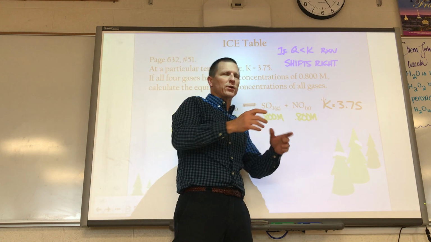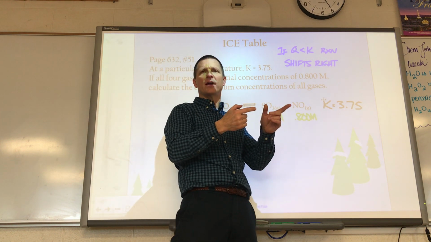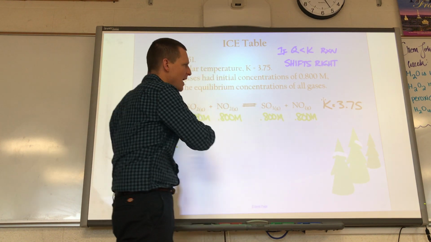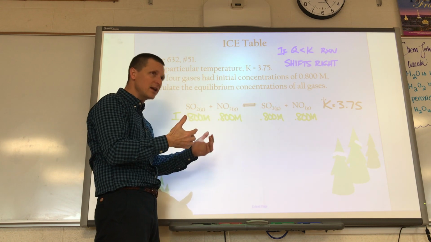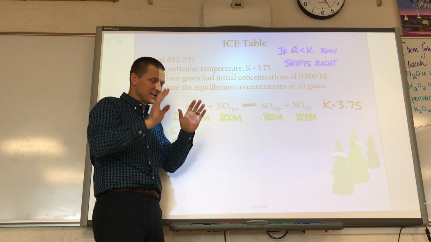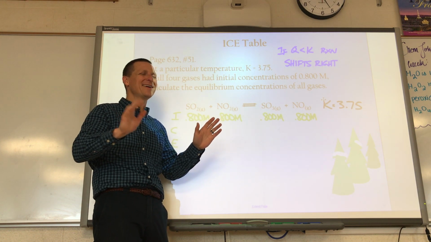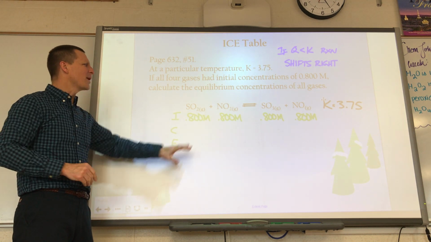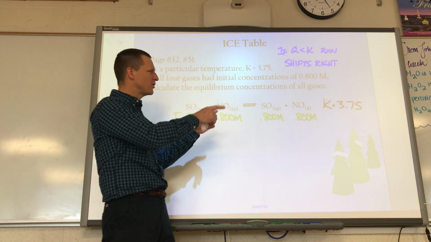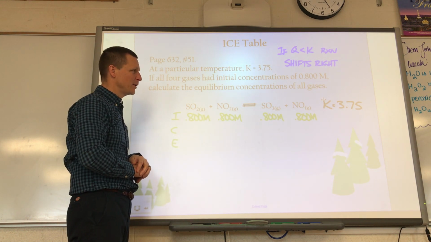Remember Q is products over reactants, so as the reaction goes to the right, the products are increasing and Q is constantly increasing. As soon as Q becomes K, everything stops. The reaction just stops there at equilibrium. Right now it's still proceeding to the right, and it's going to keep doing that until Q equals 3.75.